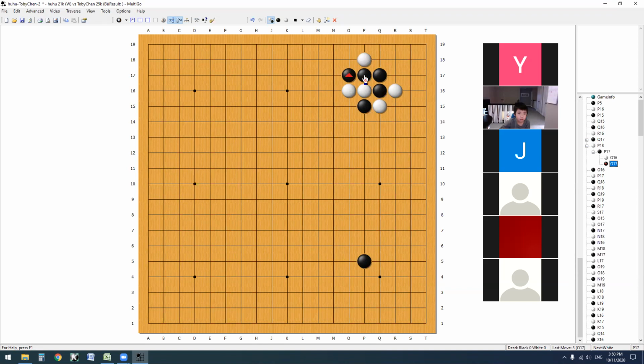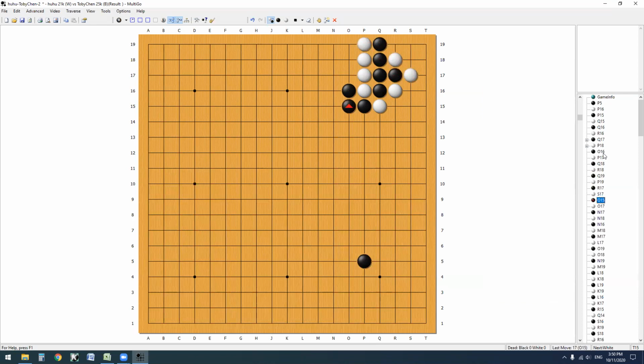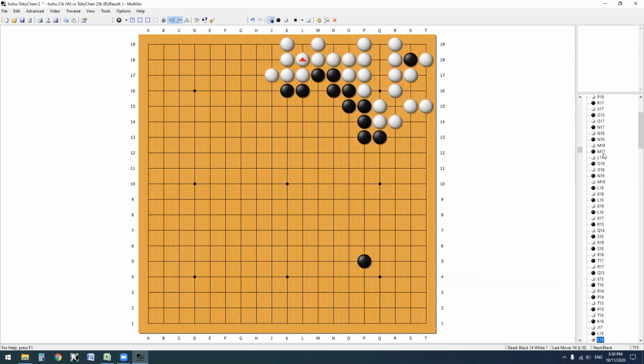So you should just atari and get outside. But you ataried in the wrong direction, unfortunately, and this group was killed. So at this point, I think white is very good.